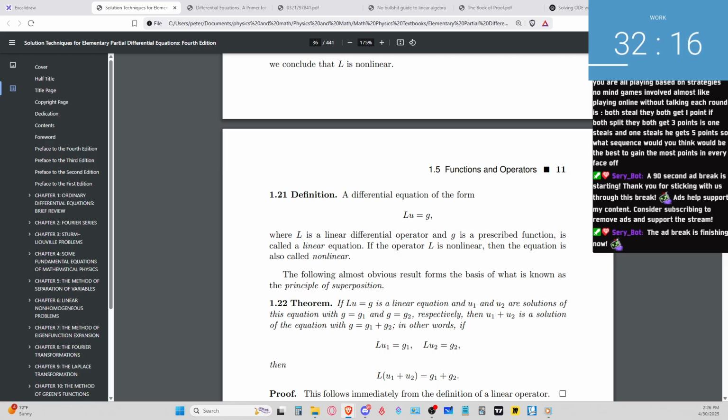Each round, if both steal, they both get 1 point. If both split, they both get 3 points. If one steals and one splits, the one who steals gets 5 points. So what sequence would you think would be the best to gain the most points in the face-off?